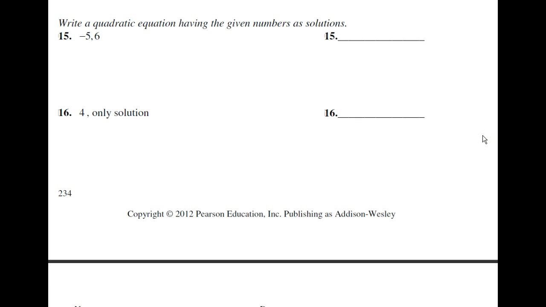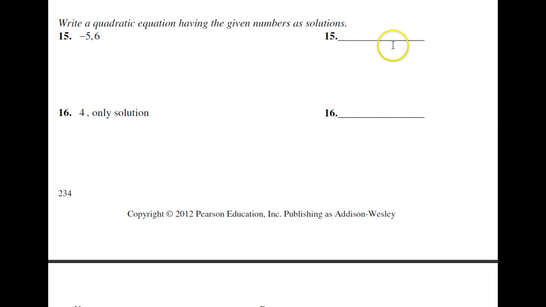This is something different. Here they want us to write a quadratic equation having the given numbers as solutions. So, what technique would you do? Well, I would actually put this in factoring form.